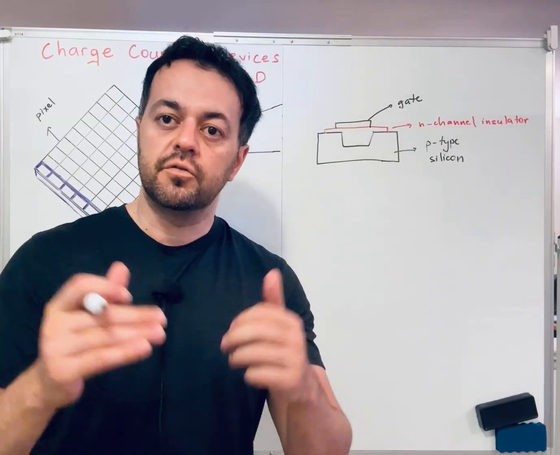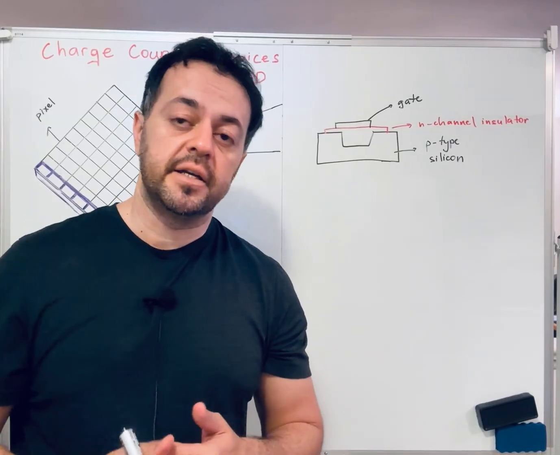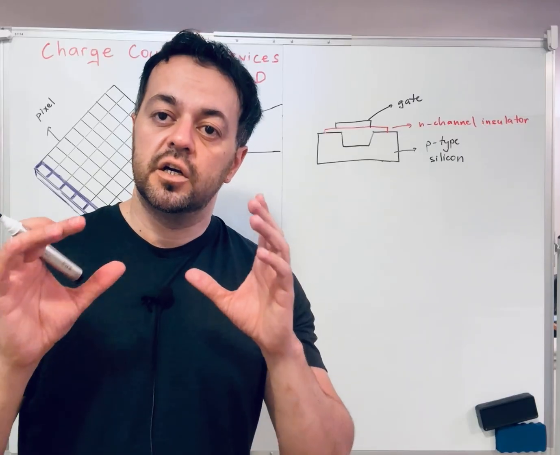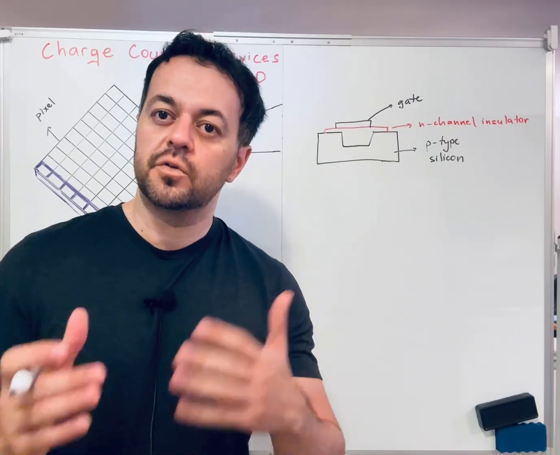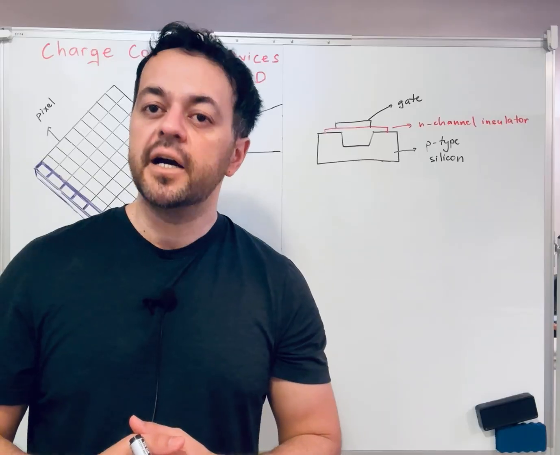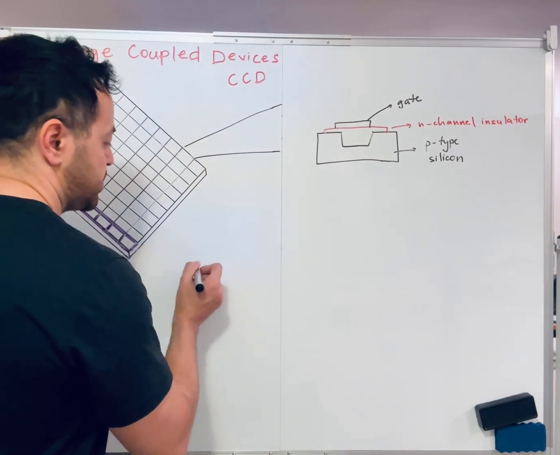If you saw my previous videos, I'm going to attach them in the comment section. The photoelectric effect was first introduced by Albert Einstein. I'm just going to quickly draw this.